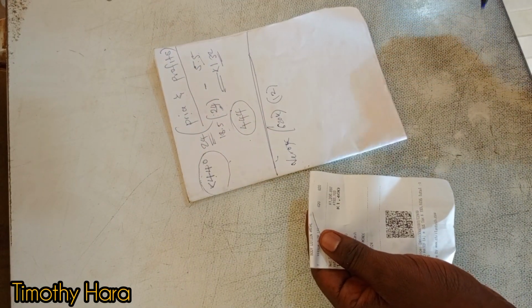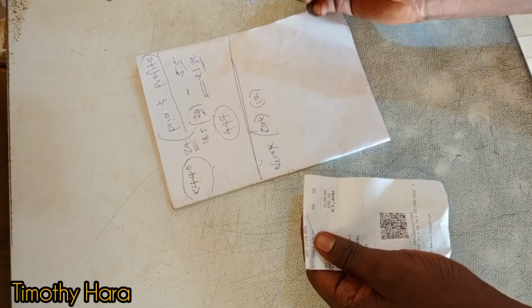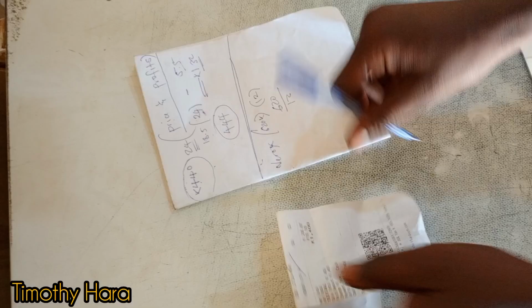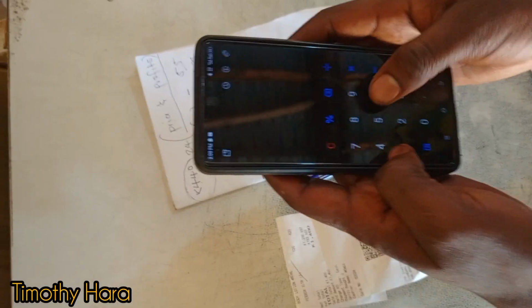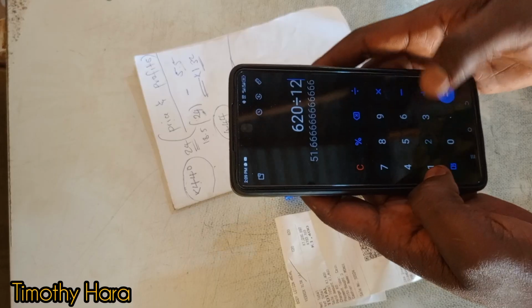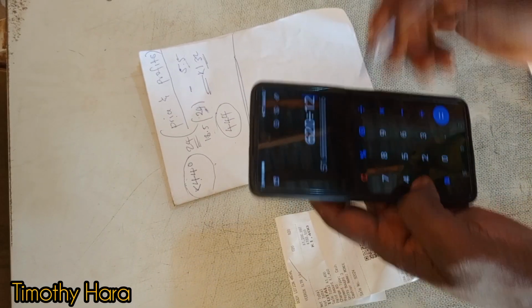Since we are ordering at 620, we are just going to do 620 divided by 12. I hope you are following. 620 divided by 12 is 51 kwacha, or let me say 52 kwacha.